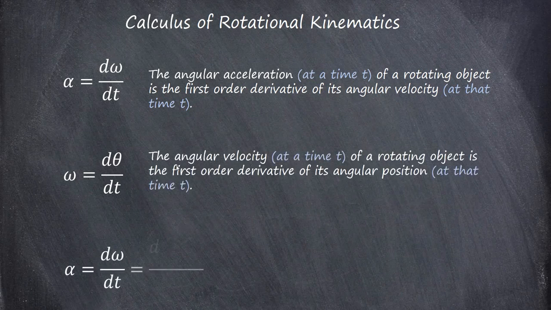But we'll arrive at a similar conclusion. The angular velocity of a rotating object is the first order derivative of its angular position at that time t. If you combine both equations, you will get that the angular acceleration is the second order derivative of position with respect to time.